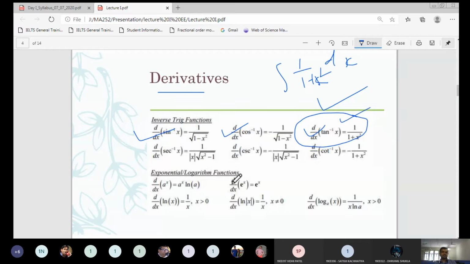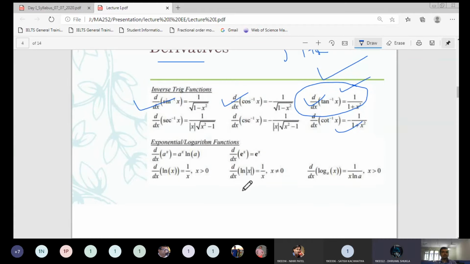Derivative of sec inverse x is 1 upon mod x into under root x square minus 1. Derivative of cosec inverse x is minus 1 upon mod x into under root x square minus 1. Derivative of cot inverse x is minus 1 upon 1 plus x square. This will also be useful.